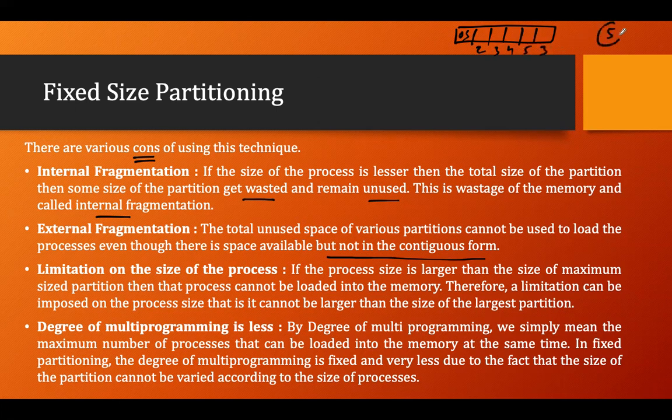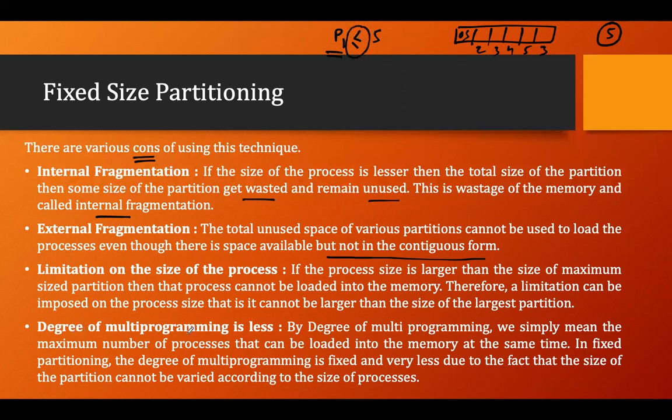So what it is saying is that your program size or the process size should be less than or equal to the maximum size of the partition. That's why you have to limit the process size. So we can only accommodate those processes which have a size less than or equal to the maximum size here.